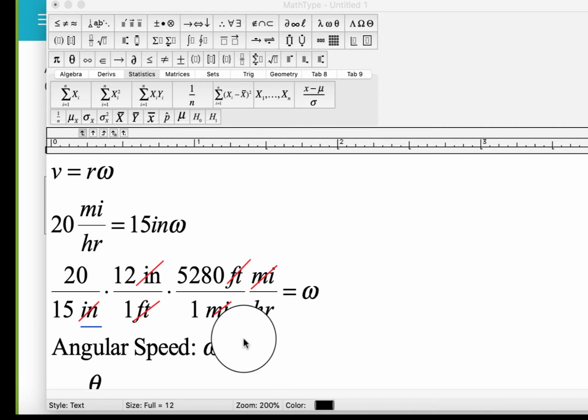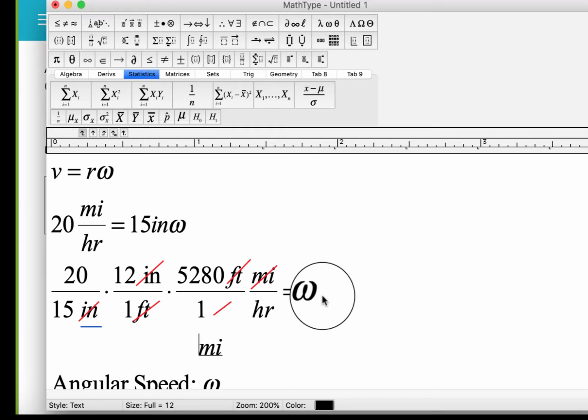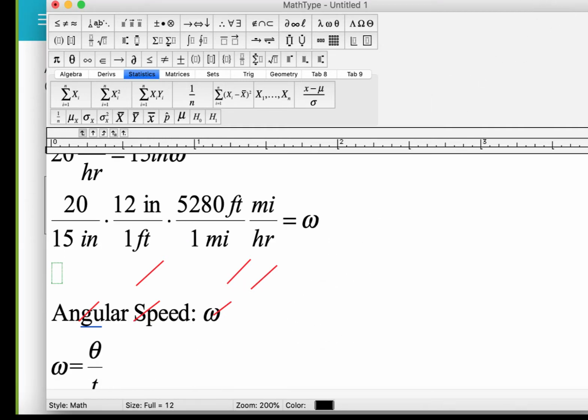So the only unit I have is per hour. And remember that radians was that strange kind of phenomenon. It doesn't really have units. So it is in radians per hour. So now what we're going to do is multiply all those numbers in the numerator to get our numerator, and then multiply the numbers in the denominator. Let me clear my drawing so it doesn't look so crazy.